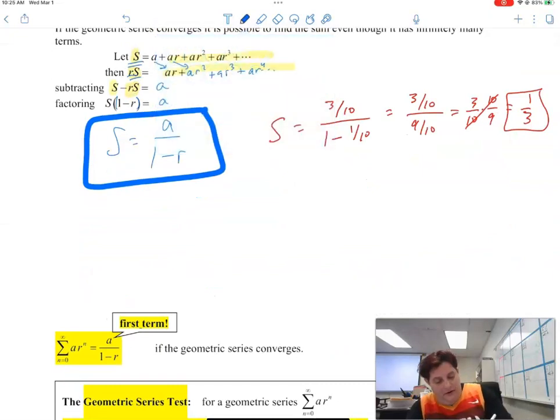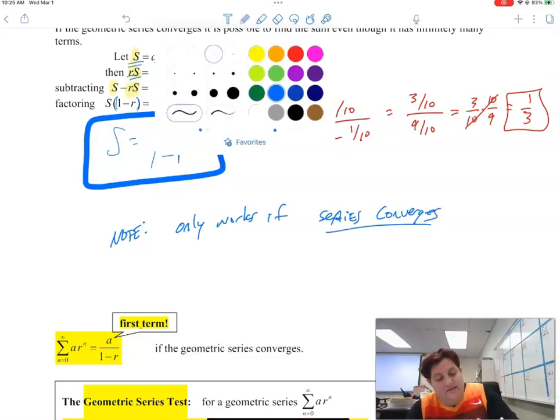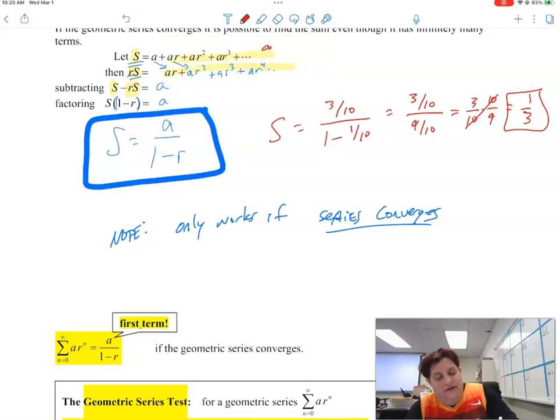Now, this is really important. This only works if the series converges. Because if it diverges, if this goes shooting off to infinity and this goes shooting off to infinity, mathematically, I just can't say that infinity minus infinity is 0.